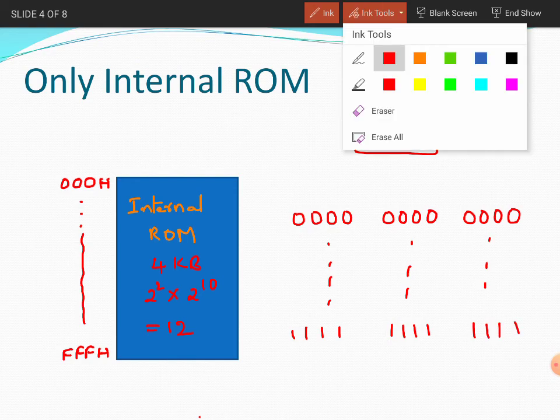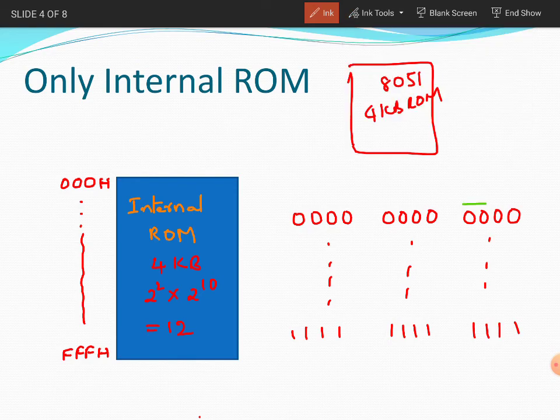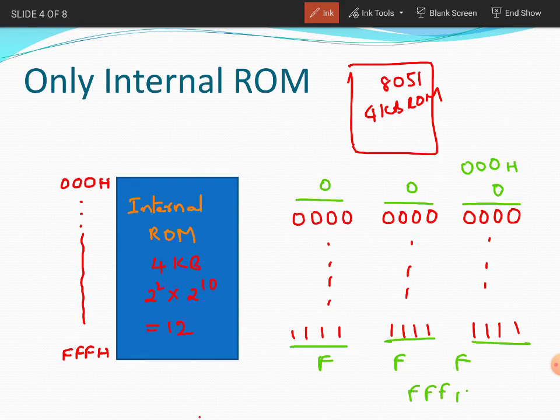In hex representation, this is 000H to FFFH, nothing but 3 zeros to 3 Fs. That is the reason the address range is from 3 zeros to 3 Fs when we are using only internal ROM.